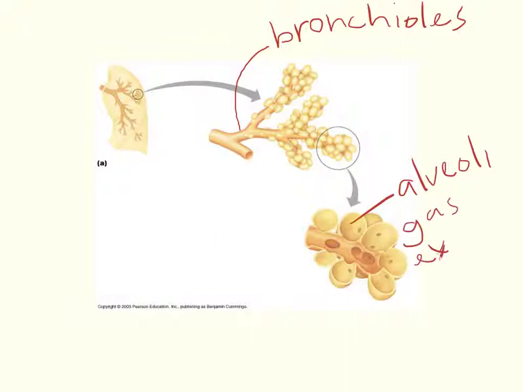This is where the oxygen that you breathe in will flow into the blood vessels, and the carbon dioxide that is the waste product from each of the cells through cellular respiration will then come out into the alveoli and then exit. So here would be a pathway of the carbon dioxide leading out. So CO2 coming out through here and going back out into the trachea and back out through the nose.